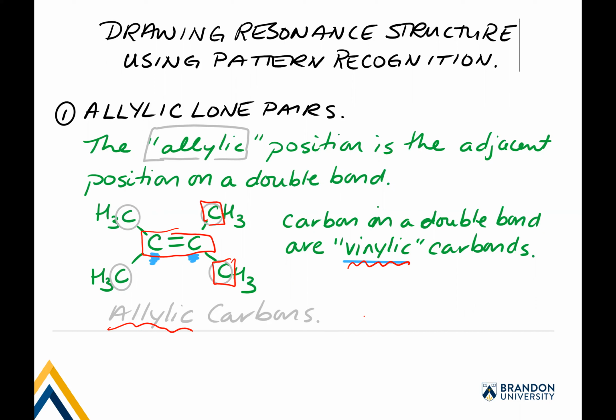There is a similar situation when you've got an aromatic ring: the position on the aromatic ring which is one away here, if we had a carbon atom here, this carbon would be called the benzylic carbon. Benzylic is similar to the allylic. So the rules we have for allylic lone pairs will also work with benzylic lone pairs.